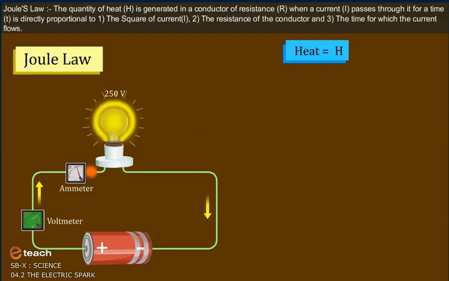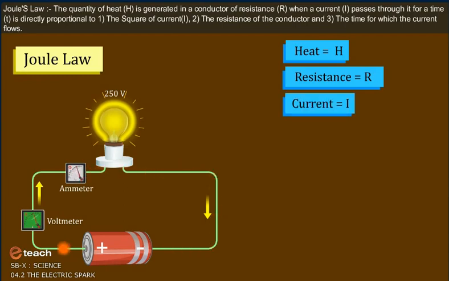The quantity of heat, that is H, generated in the conductor of resistance, that is R, when a current, that is I, passes through it for a time, that is T, is directly proportional to 1, the square of current, that is I, 2, the resistance of the conductor, and the third one is the time for which the current flows.